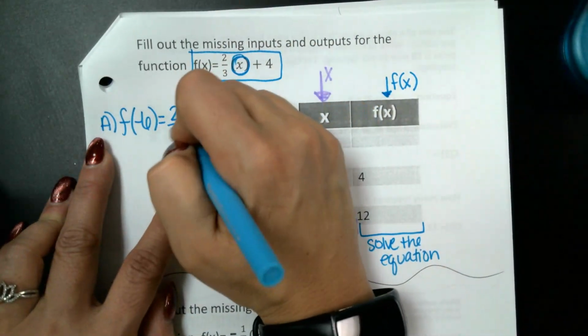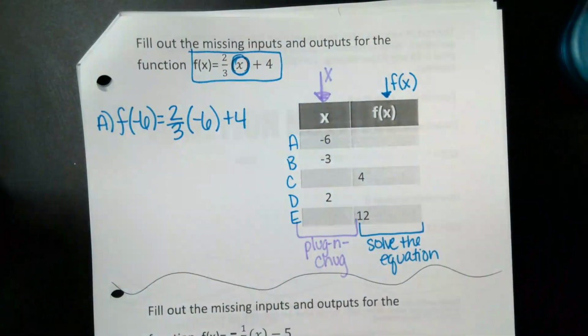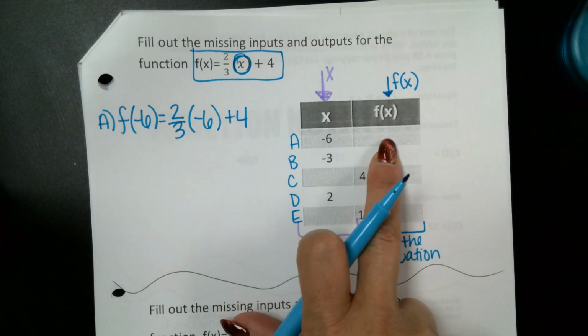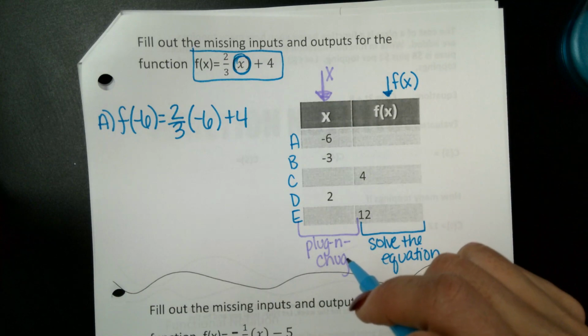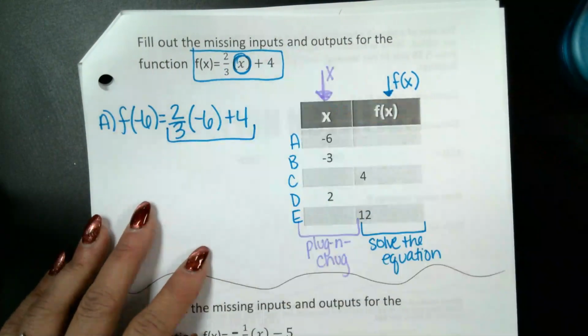So you guys would do 2/3 times -6 plus 4. And whatever you get there, that's going to be your answer on the right side. So you might want to write that down. That's just a calculator problem right there.